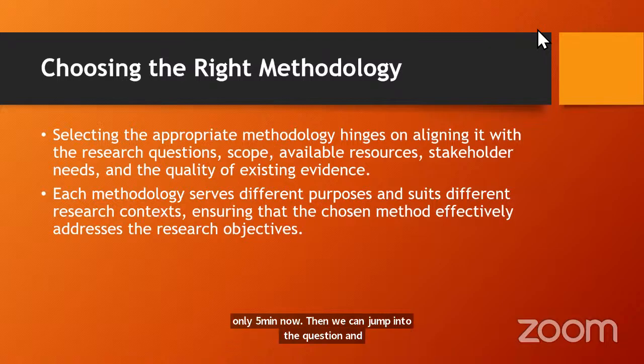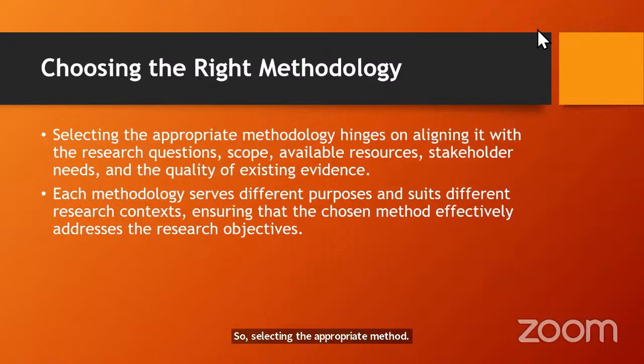Selecting the appropriate method is linked with the research question, scope, available resources, stakeholder needs, and the quality of the existing evidence. Each method has a different purpose. Each method suits a different research context. Each method will answer different research objectives.